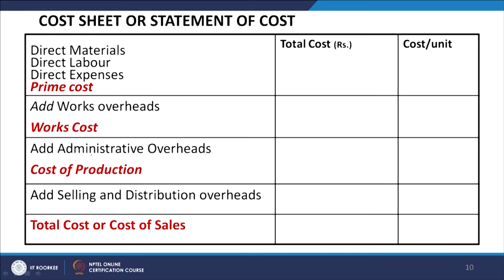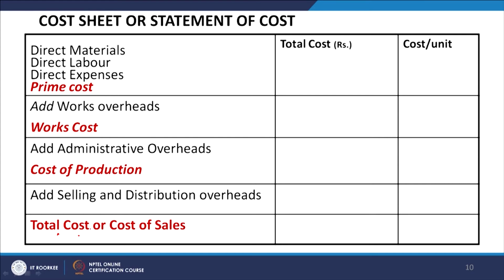So if you see the cost sheet here, just a glimpse, to calculate the total cost of the product, we have the total cost or the cost of sales. It means when you manufacture a product, to arrive at this total cost or cost of sales, you have to use different components, coming from top to bottom, up to this point, and this is our total cost.